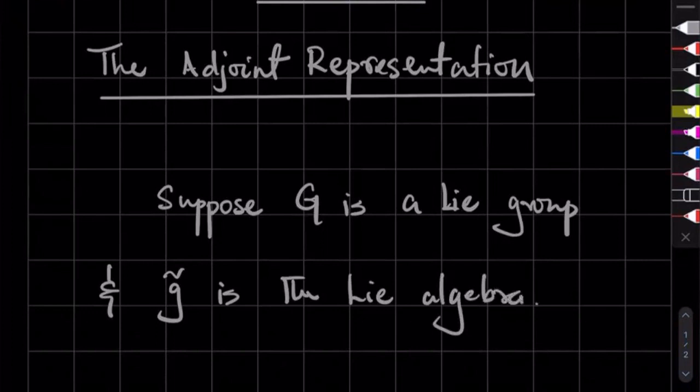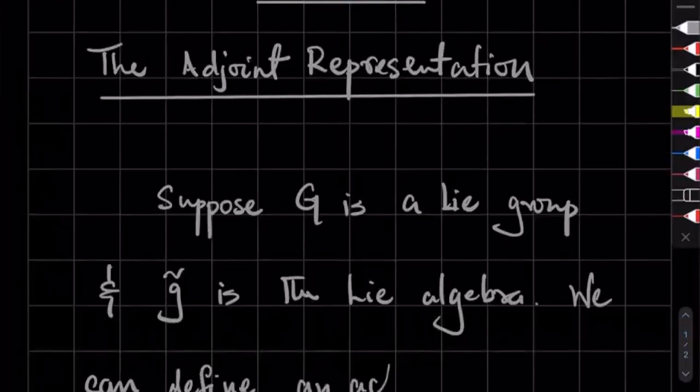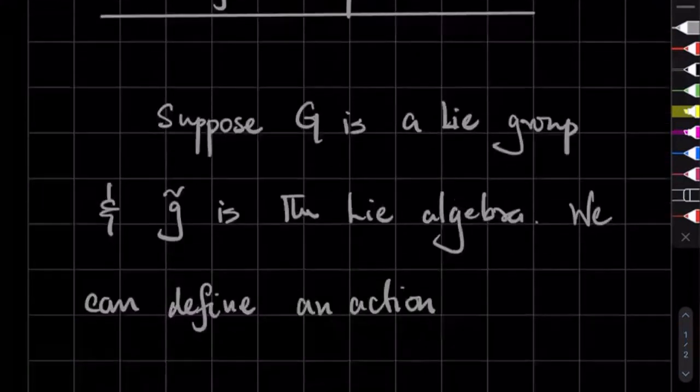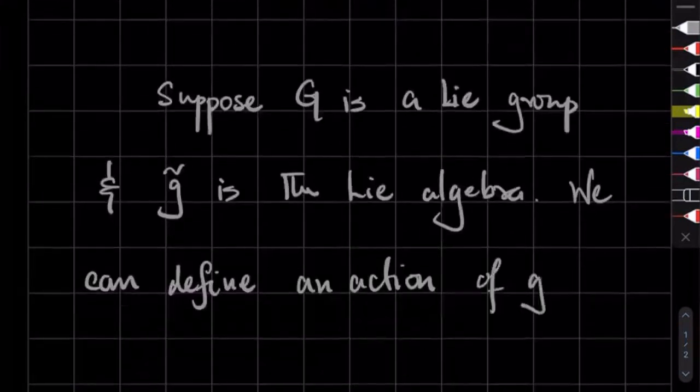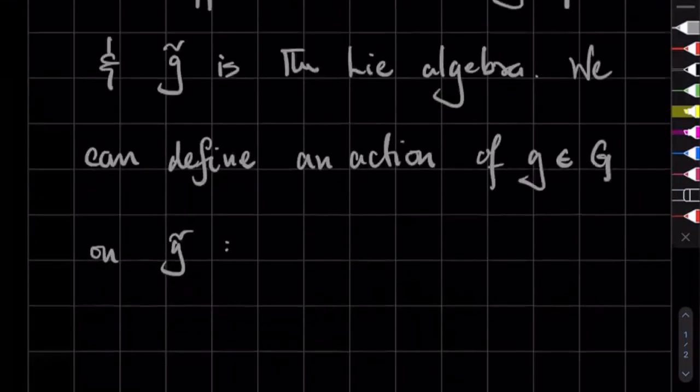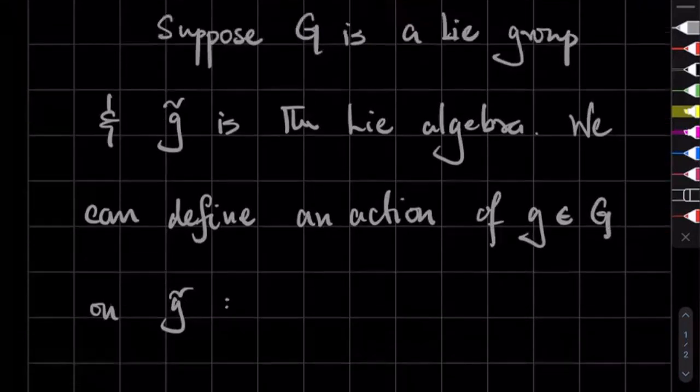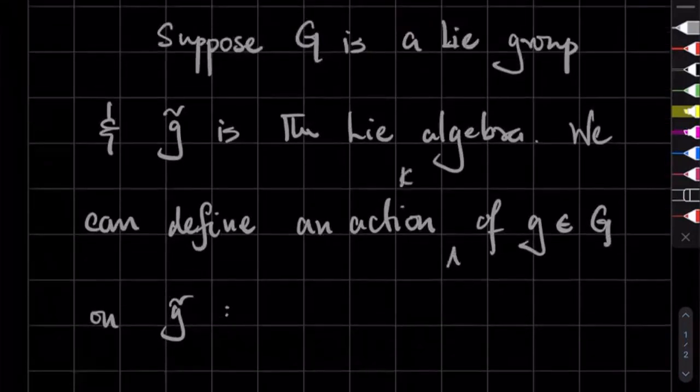So we can define an action of an element g of G on the Lie algebra in the following way. We call this action the adjoint action.